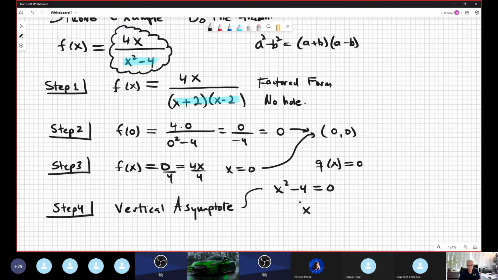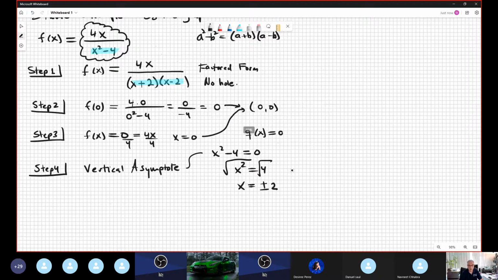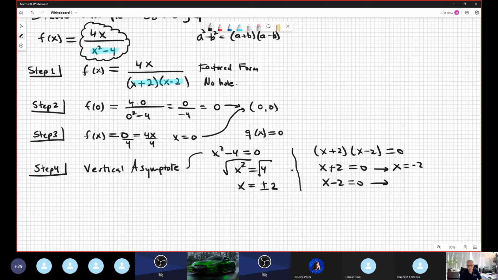And you solve this quadratic equation using the square root method, square root both sides, x is equal plus or minus 2. Don't forget, when you find the square root, you put the double sign, no? Plus or minus. Maybe for me it's better to take the factored form, get x plus 2, x minus 2, and force it to be 0, and you separate into factors. Therefore, this is negative 2, and this is positive 2.